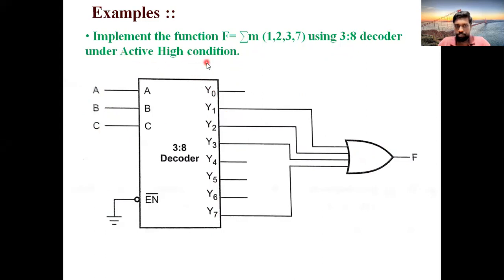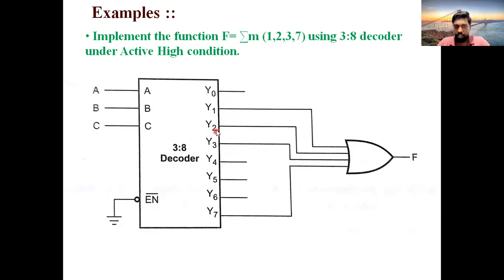Active high condition, so you should not add any bubbles here. Directly draw lines like this. Active high means no bubbles; active low means bubbles should be added, but in the given question it is active high, so directly draw the lines like this. Now you take one enable like this, and see the given numbers 1 2 3 7. So collect the first output Y1, second output Y2, third output Y3, and seventh output Y7. These are your output numbers 1 2 3 7.